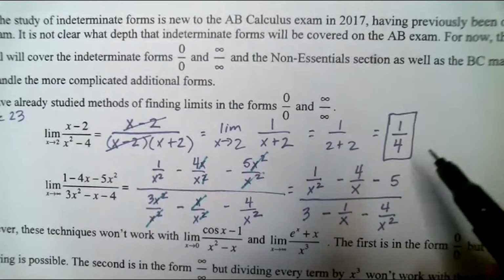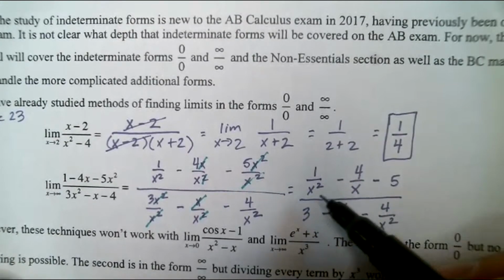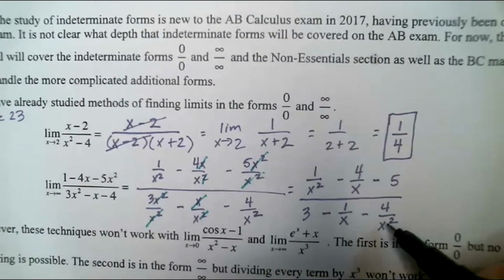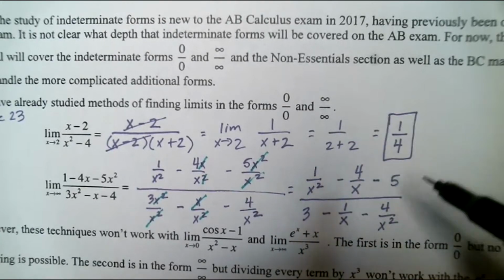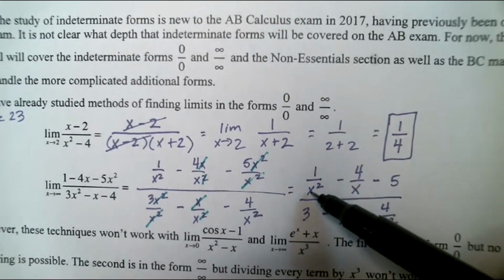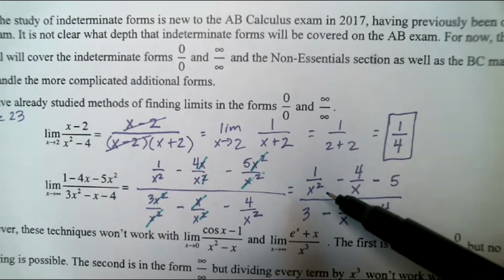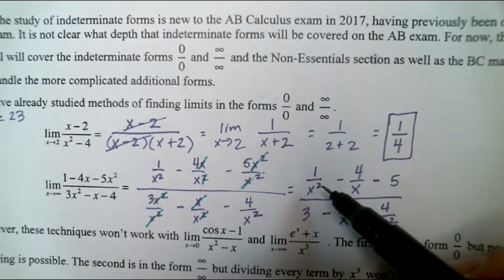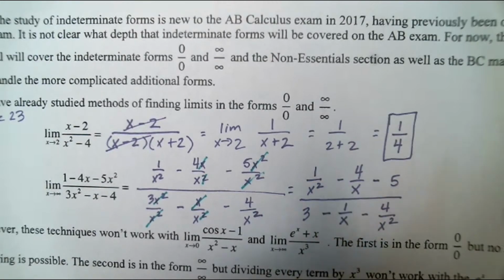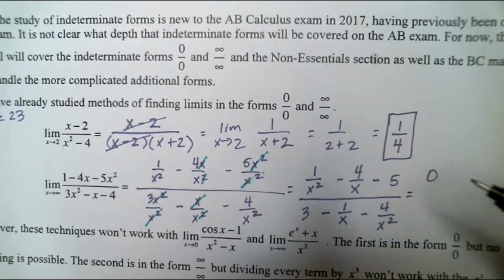And if I plug infinity into each denominator, now notice all these are constants. Anytime you have infinity in the denominator, again, we're just reviewing from past times. So 1 over infinity squared would be 0.